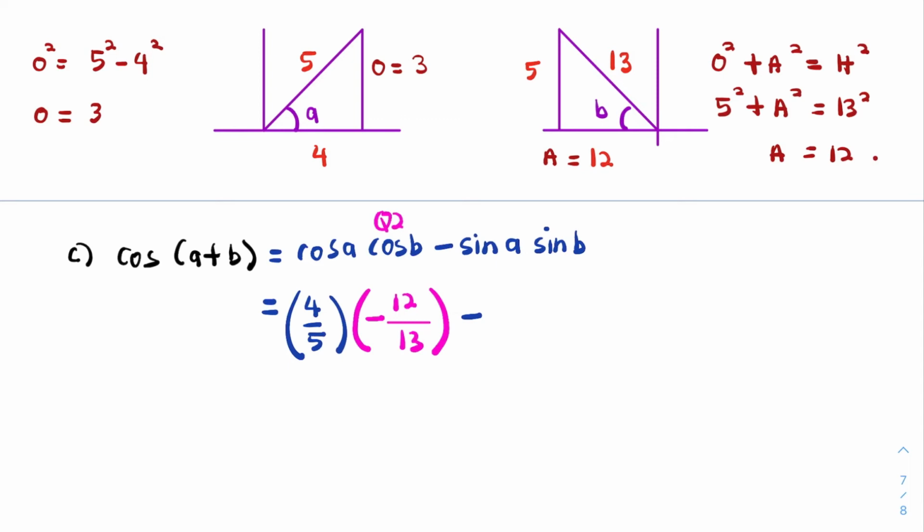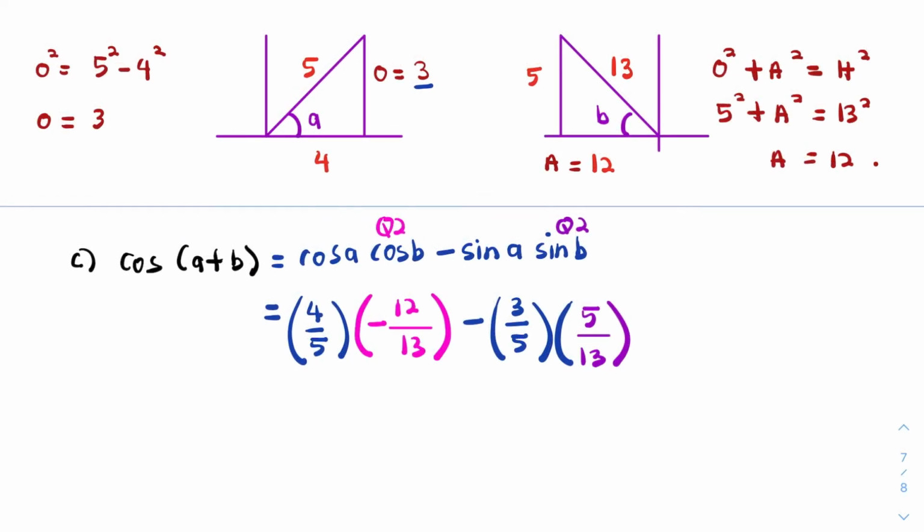Opposite over hypotenuse: your opposite is 3, so 3 over 5. Multiply by your sine B. Sine B, because it falls on quadrant 2, is positive, add sugar to coffee. Opposite is 5, hypotenuse is 13. Then nothing more, simplify your answer, and you will have the answer of negative 63 over 65.